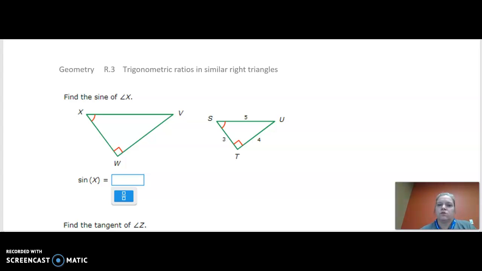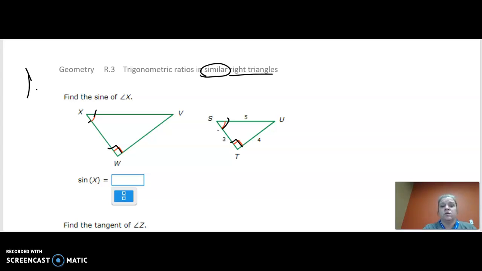Okay, R3, trig ratios and similar right triangles. If you have right triangles that are similar, that means they're the same shape, but not necessarily the same size. This is the case because we have angle, angle.